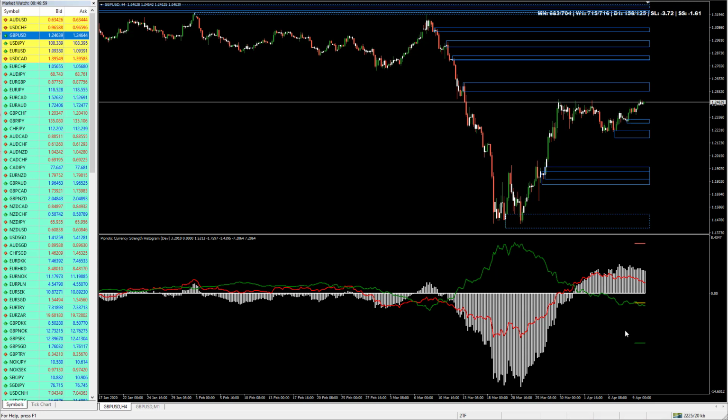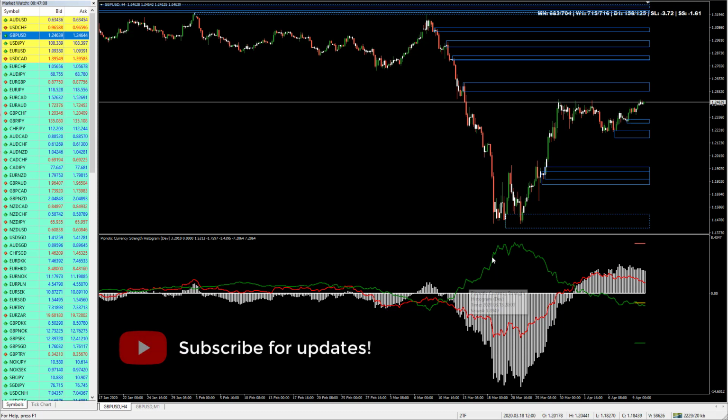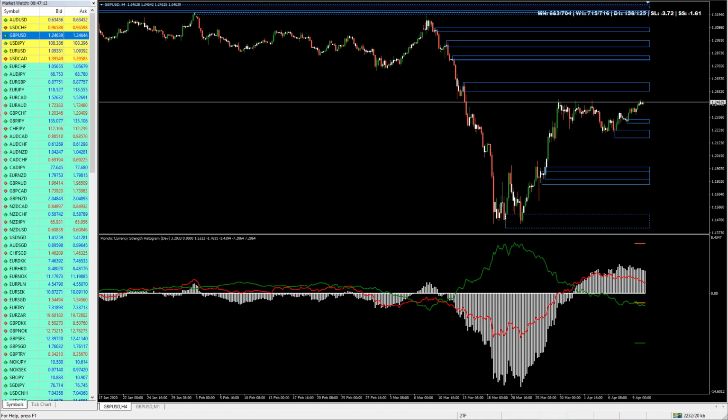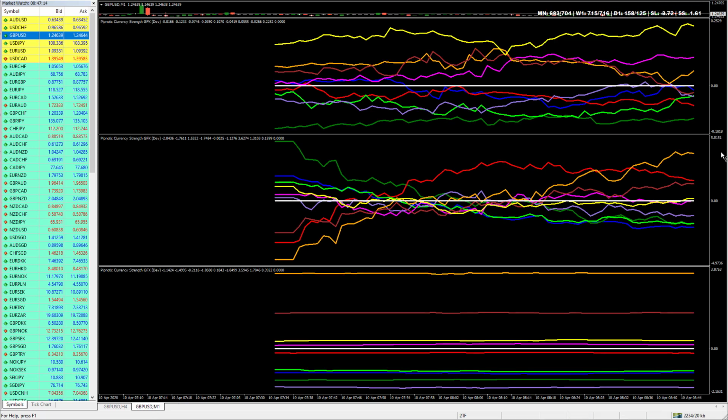What it's doing now is using the histogram as input. First of all, I have to do a lot of calculations to calculate the index for the American dollar, for the British pound, and for all of the currencies. As a matter of fact, you can see here that we have all of these currencies. We have the Australian dollar, British pound, New Zealand dollar, the Singapore dollar, which is the yellow one, Canadian dollar, which is magenta, Japanese yen, which is purple, American dollar is green, Swiss franc is lime green, and the euro is blue.